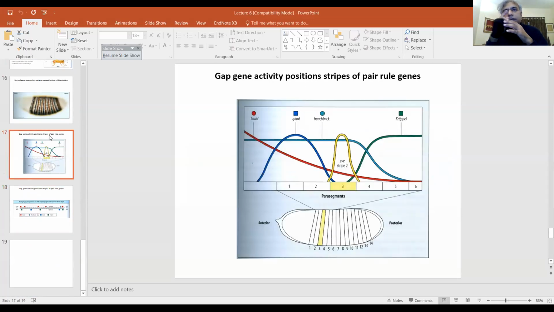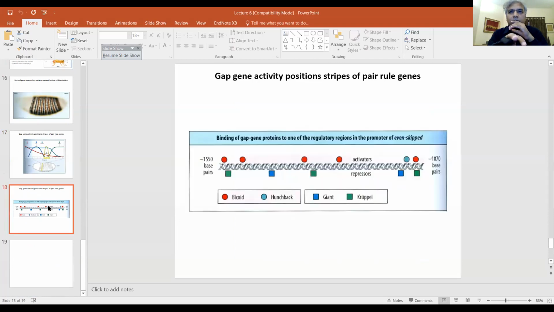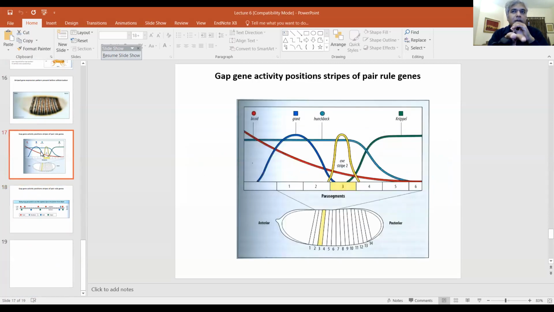Yes, over here in the end we only have Krupal. तो जो आप promoter वाली स्लाइड है नीचे वाली, उसमें like there are 4 binding sites, right? जो आपने बताया कि बिकॉइड hunchback एक्टिवेट करता है, giant और Krupal repress करता है. जो later segments हैं, जो segment 13 है और 11 है, वहाँ पर किस तरह से होगा? Because ये वाली बात तो present नहीं है. Krupal is only in very discrete region here.